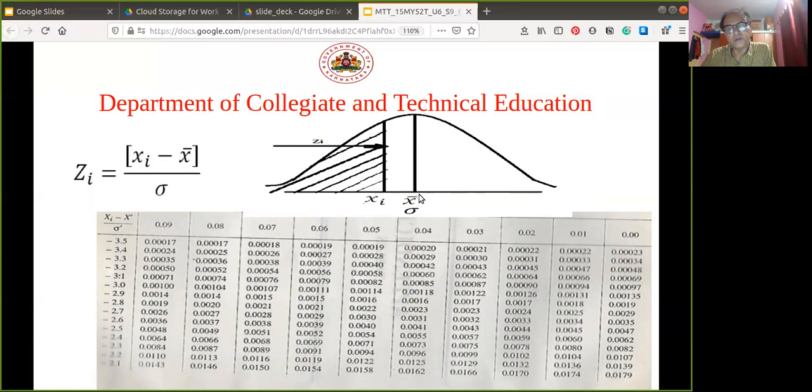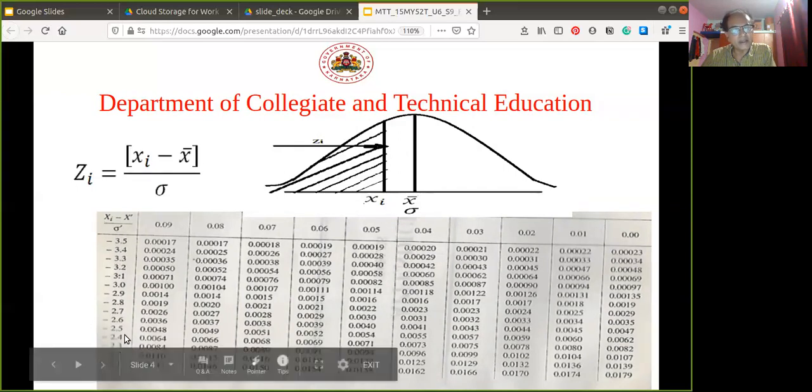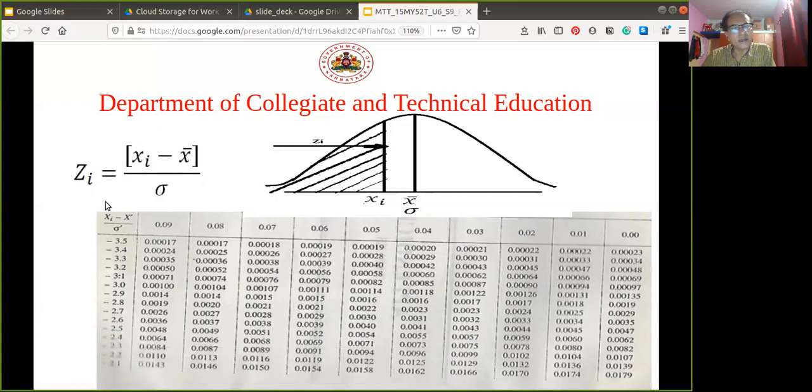When you go towards the left side of the center line, all the values you get are in terms of the minus sign, after calculating with this formula.